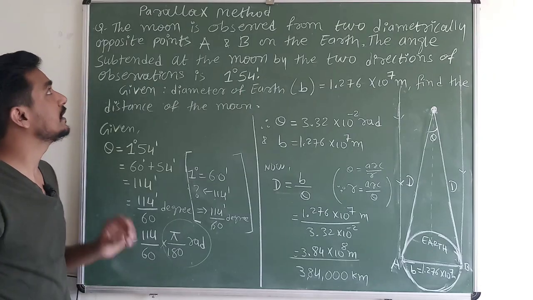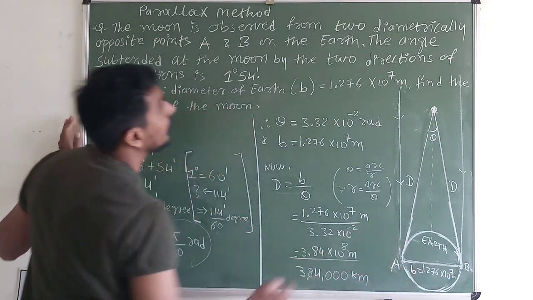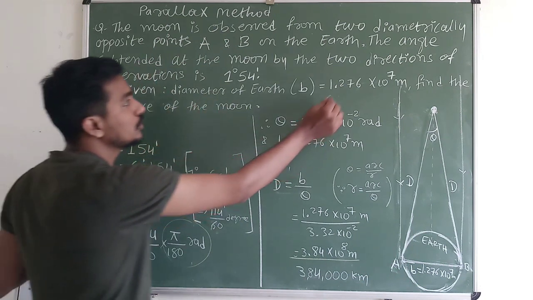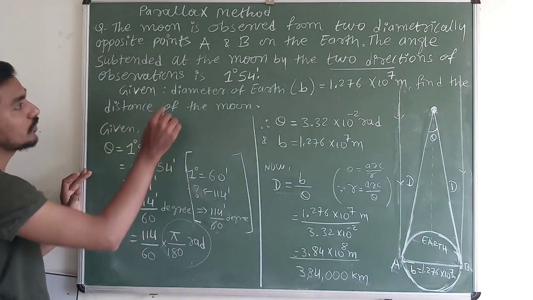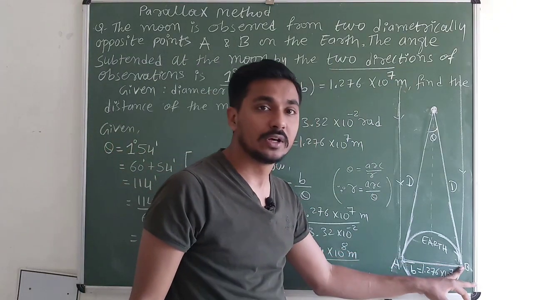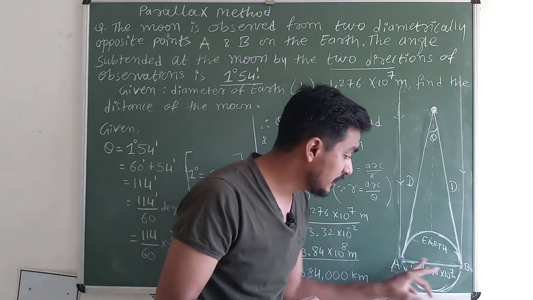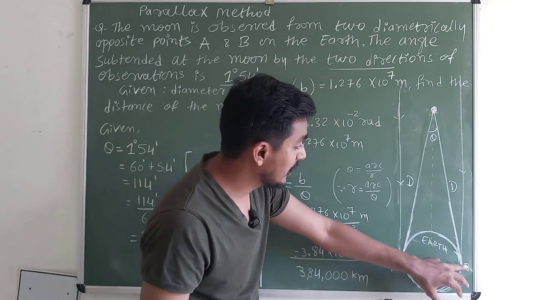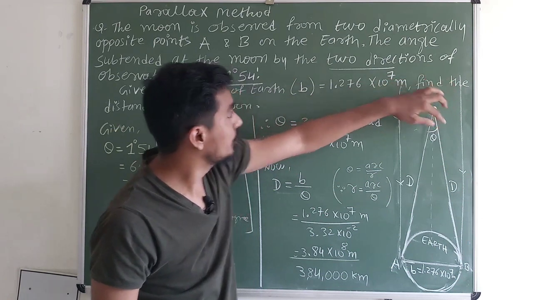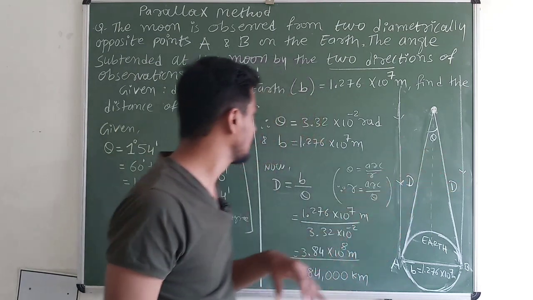The question given is: the moon is observed from two diametrically opposite points A and B on the earth. The angle subtended at the moon by the two directions of observation is 1 degree 54 minutes. That is the parallax angle.